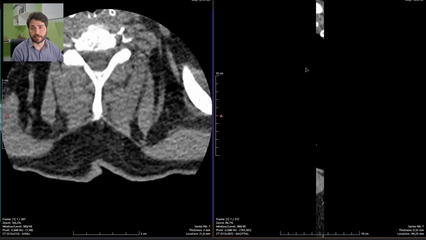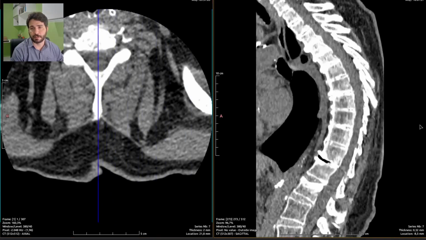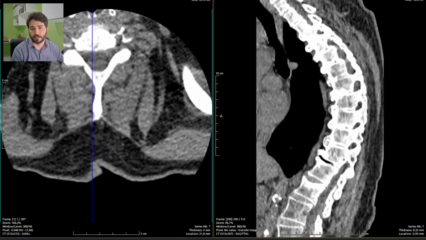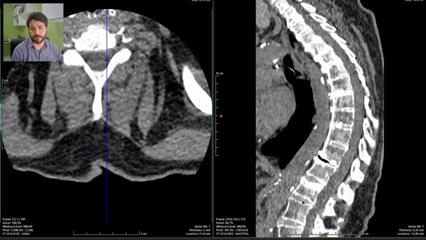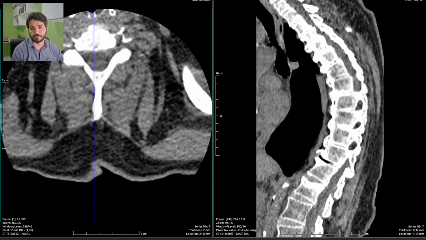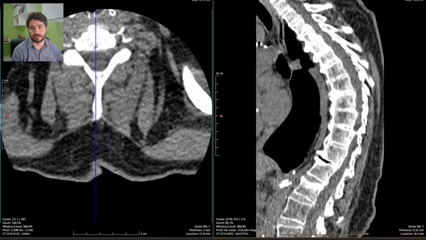Let's see how bad it is. So there is a forward arching of the spine. I can clearly see there is a compression fracture right here. There is air in between these vertebral bodies, which points out to advanced disease.